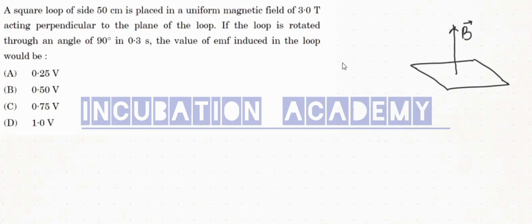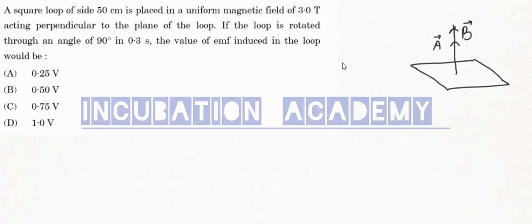If capital A is the area of the loop, the area vector is also perpendicular to the plane of the loop. So the B vector and the A vector are in the same direction.